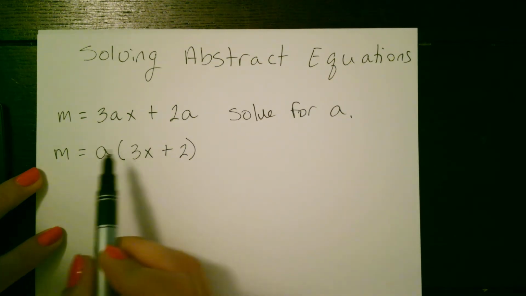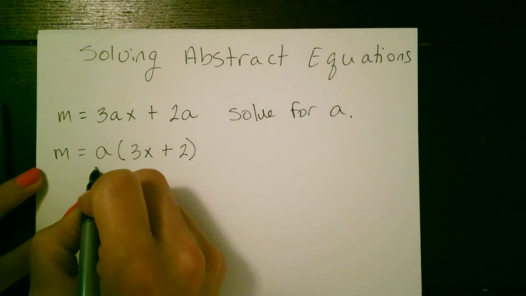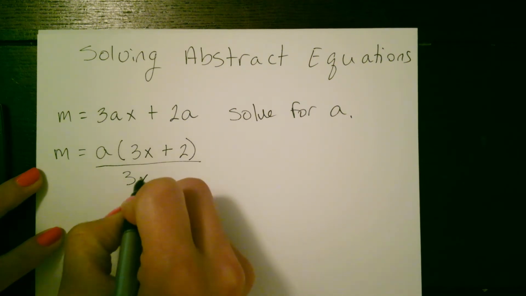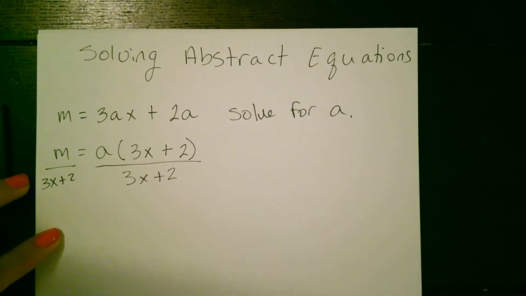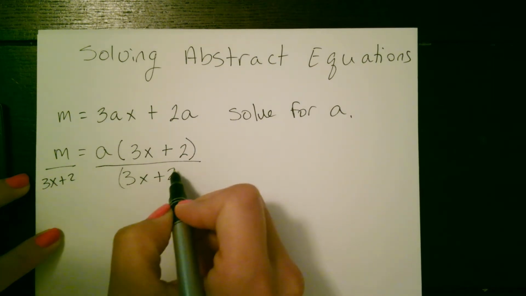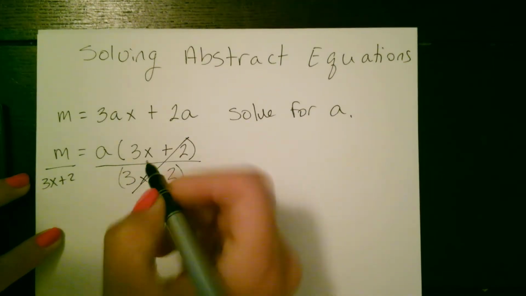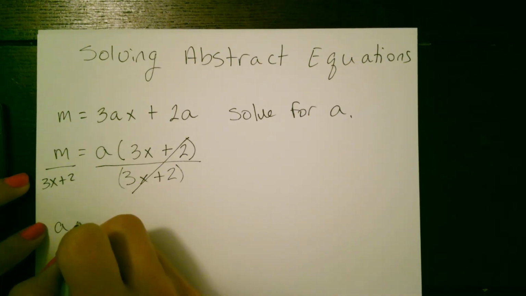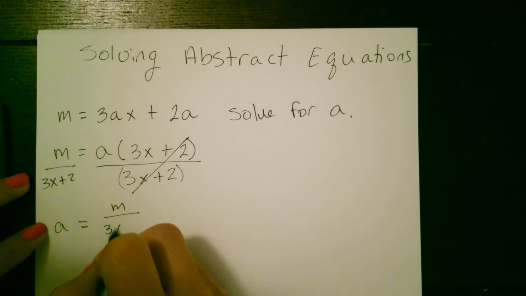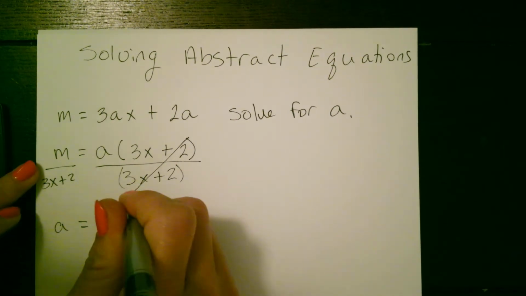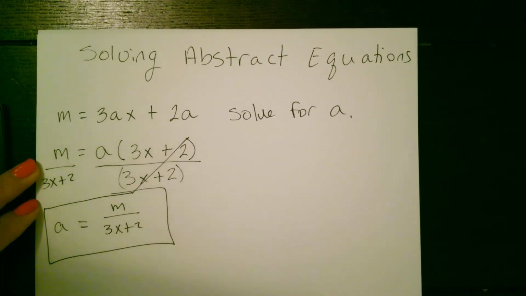So since multiplication is being performed here, I'm going to divide both sides by what is being multiplied. On the right, this number cancels out, leaving me with just a equals, and then I have m over 3x plus 2. And there we go. I got a all by itself.